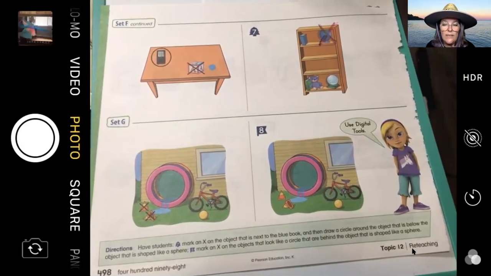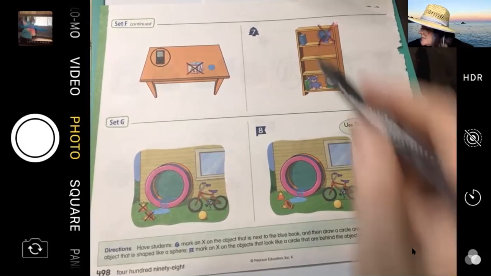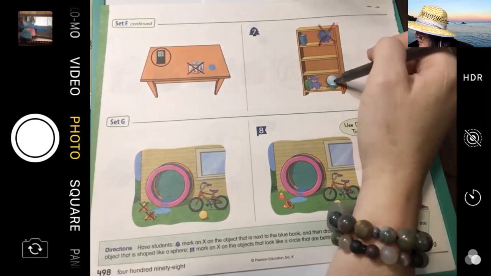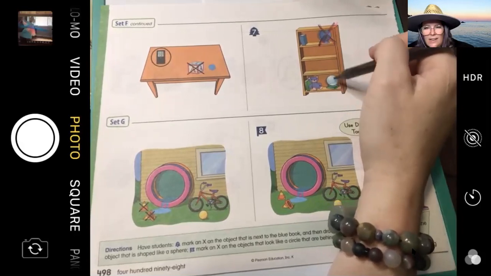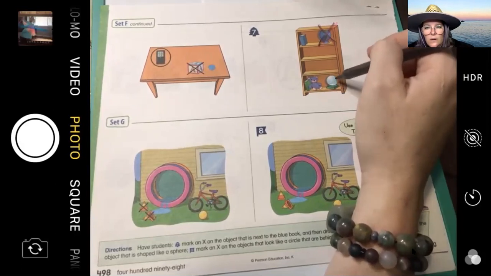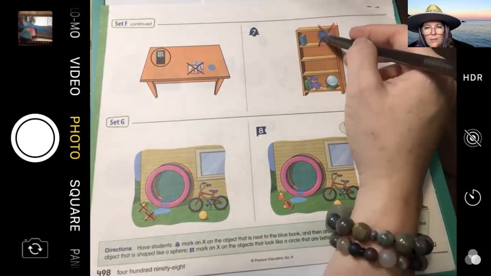Okay, so we need to find the object that's shaped like a sphere. And then we need to look and see what object is below that. Well, we put an X on this sphere. If I look below it, there's not anything below it on the shelf. Well, then maybe they're talking about this sphere.